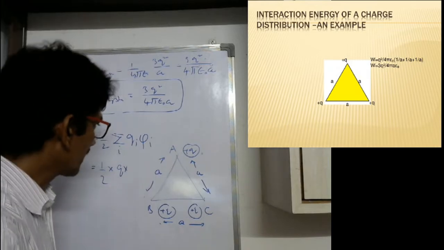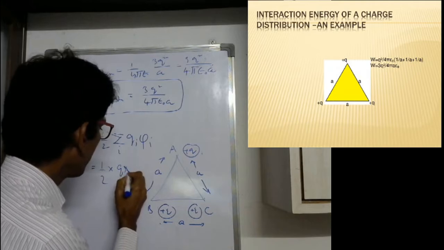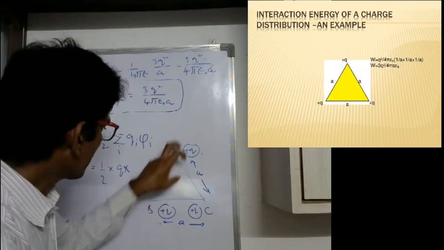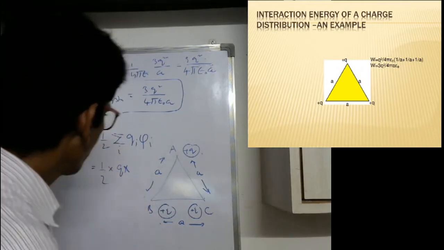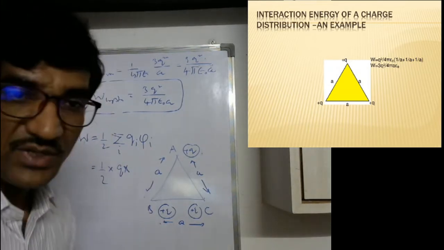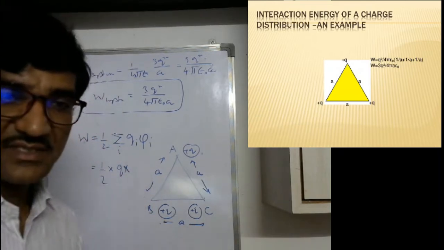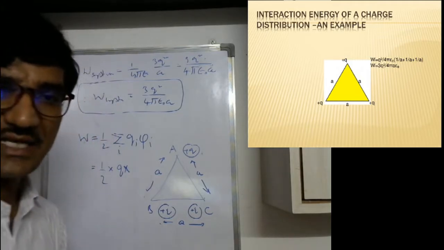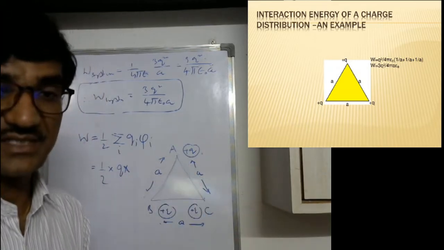Now just take one of all the charges in the system. I am taking this charge, and you just find the potential. Here this is q, no? Q. Okay, and next you find the potential. Here the same charge is present at all the 3 vertices. How many vertices are there? Here we have 3 vertices, 3 charges.